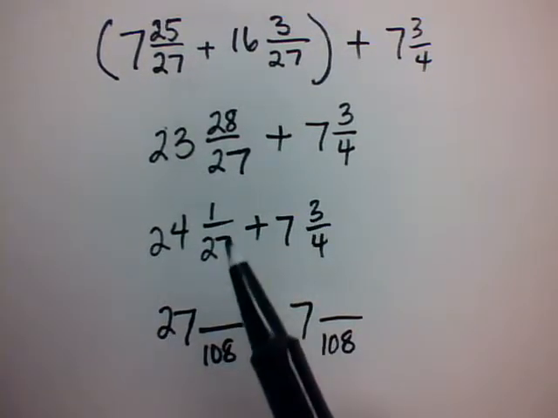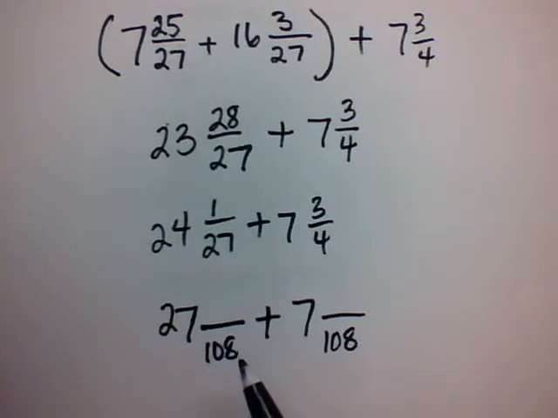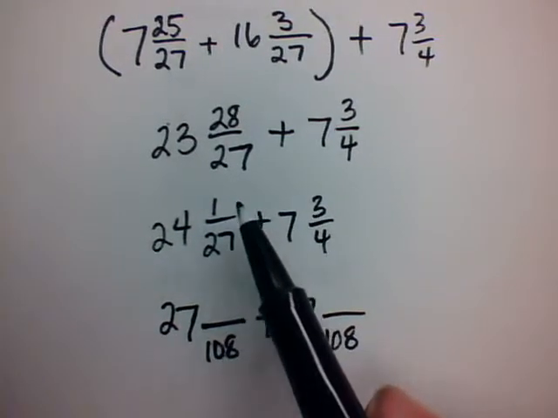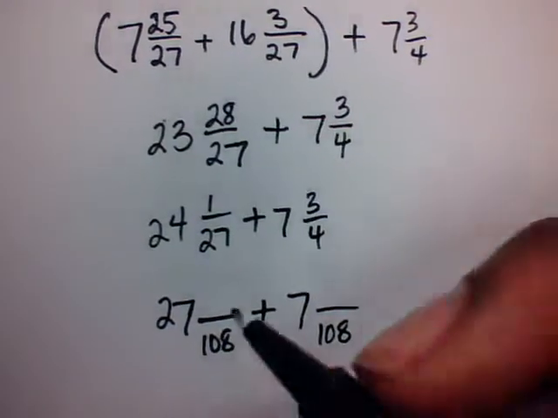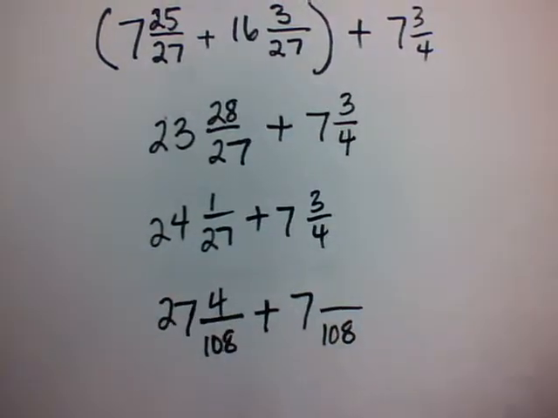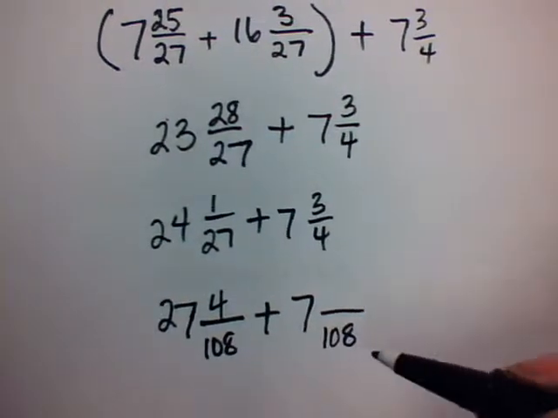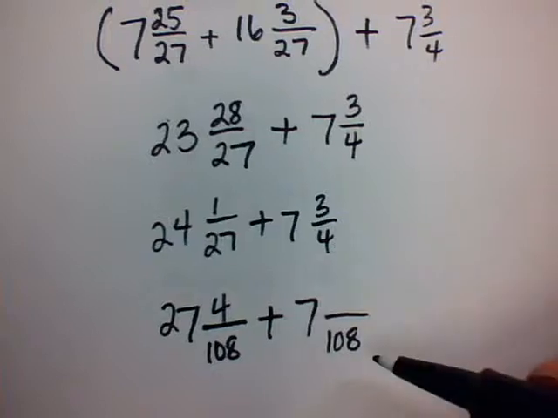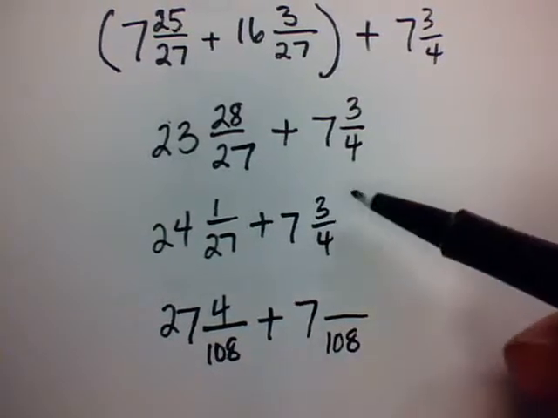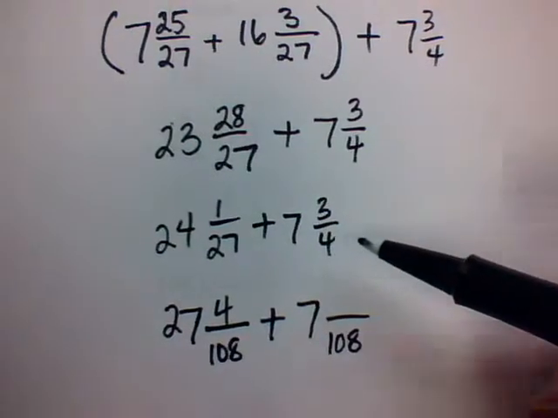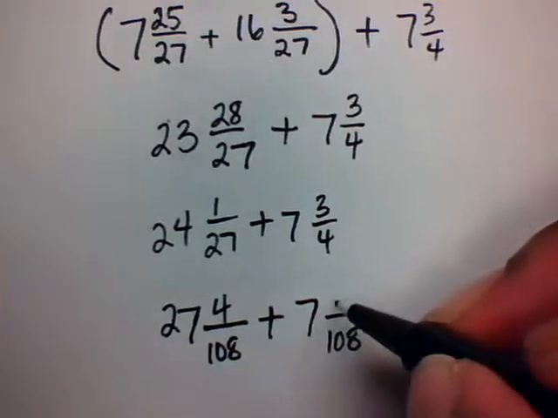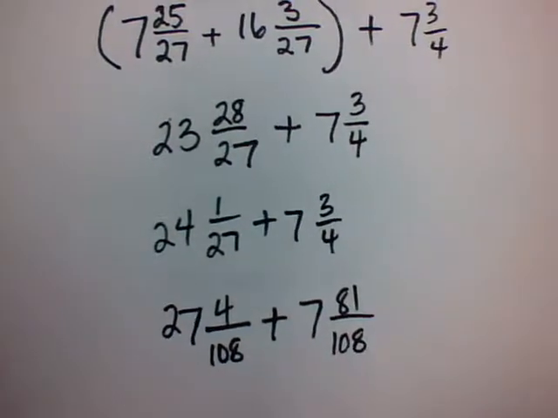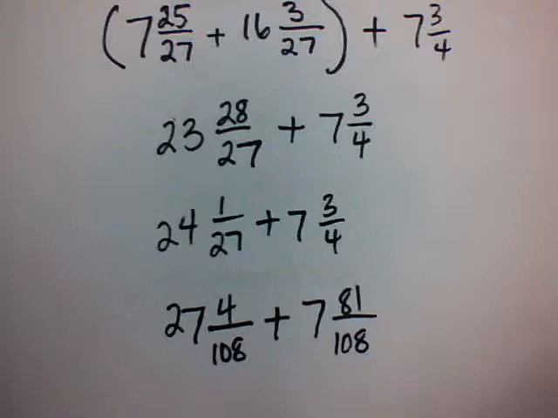And for an equivalent fraction for 1 over 27 with a common denominator of 108, I have to multiply the numerator and the denominator by 4. So it'll be 4 over 108. For 3/4 with a common denominator of 108, I have to multiply the numerator and the denominator by 27, which will be 81 over 108.